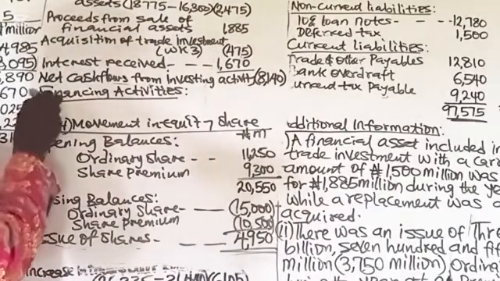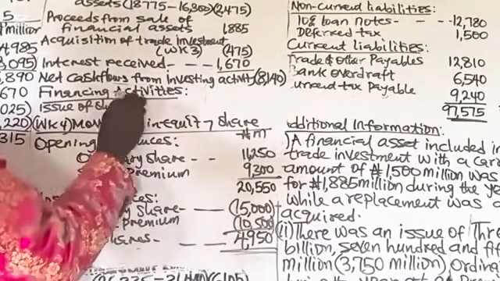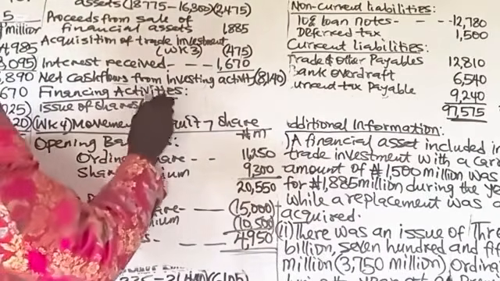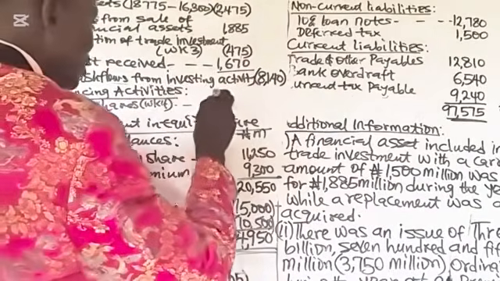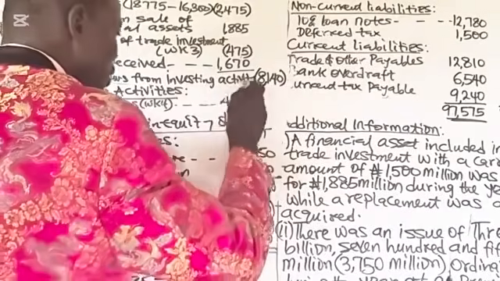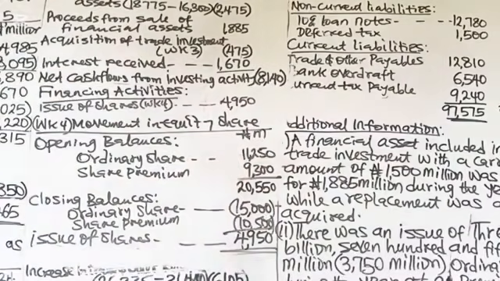So working number 5, rather number 4, issue of shares. That is from working number 4. Issue of shares amounted to 4,950. Let's go through the information we have in the notes. Note 2.